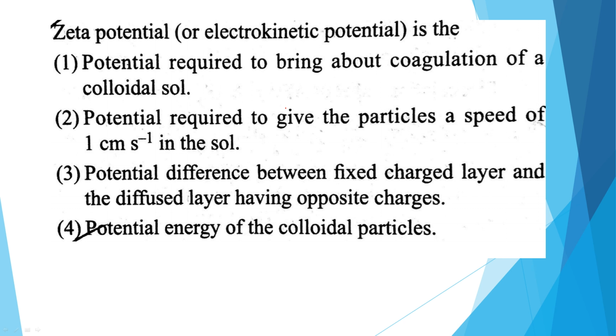Potential required to bring about the coagulation of the colloidal sol: wrong. Potential required to give the particles a speed of 1 centimeter per second in the sol: wrong. The potential difference between the fixed charge layer and the diffused ionic layer having the opposite charges: so that we discussed.